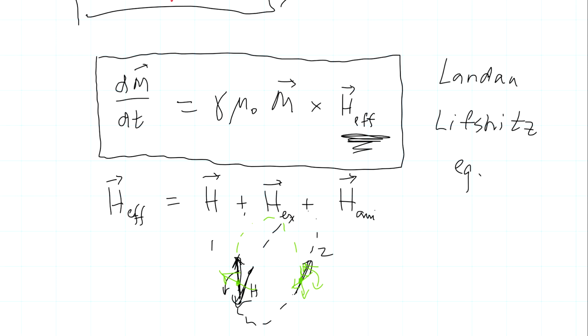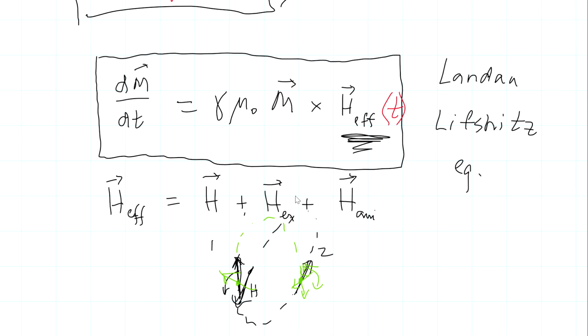So what we can add there is that this effective field is actually time dependent, and that time dependence adds a little bit of complexity. So typically, if you have just a single magnetic moment in presence of magnetic field, typically that equation can be solved.